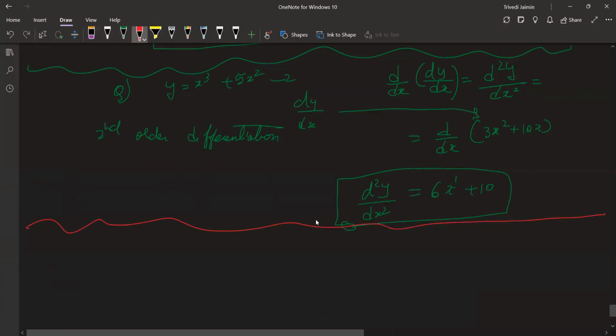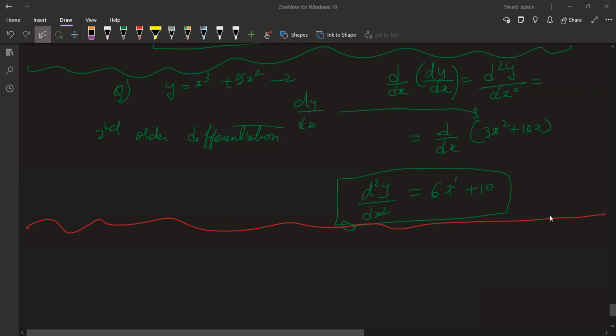Sir, when you write d square y by dx square, is there a way to directly do it without doing it 2 times? No, we cannot, because sometimes in a question they'll ask you to substitute values. If we do second order directly, it's not possible. First, we need to reduce it, then we need to reduce it again.